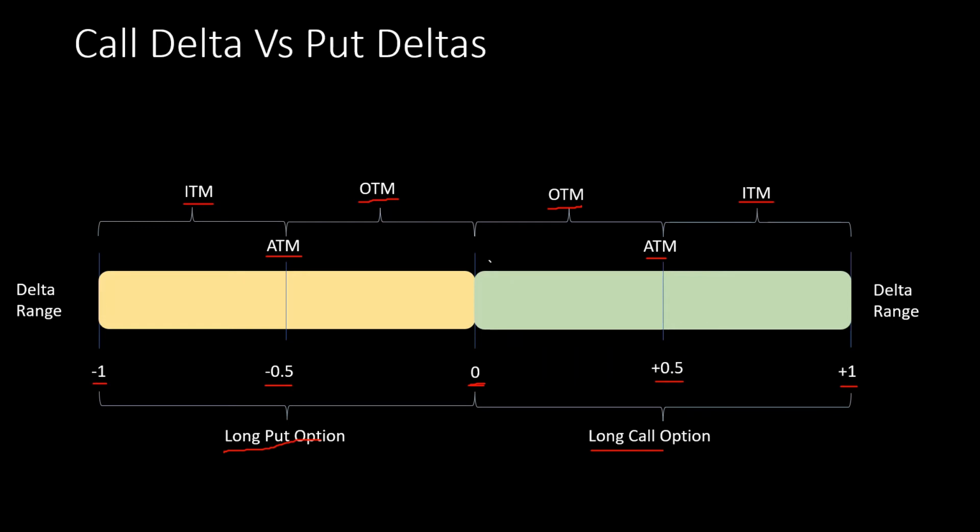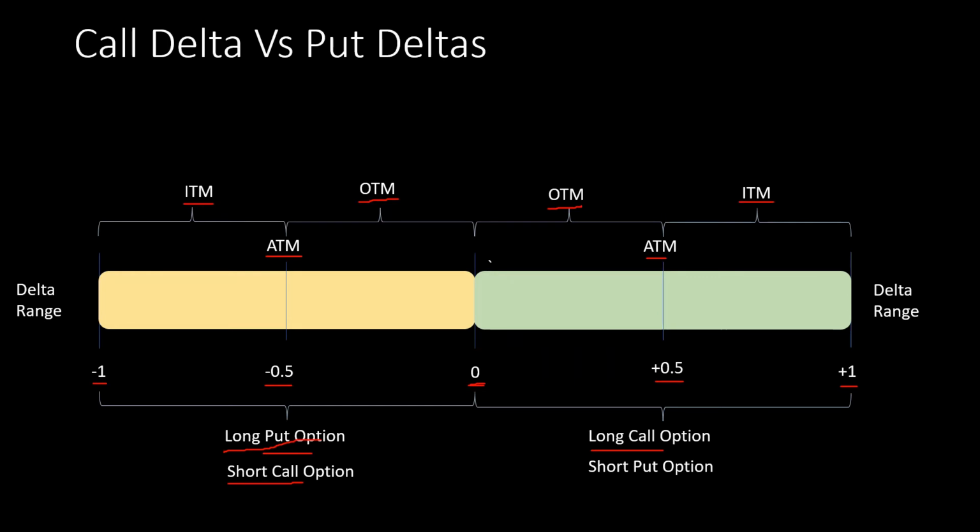Now that we have understood the relationship between long put option and long call option with delta, let us look at what the delta is for a short call option and a short put option. As you are aware, a short call option behaves very similar to a long put option. So a short call option has a negative delta and ranges from -1 to 0.